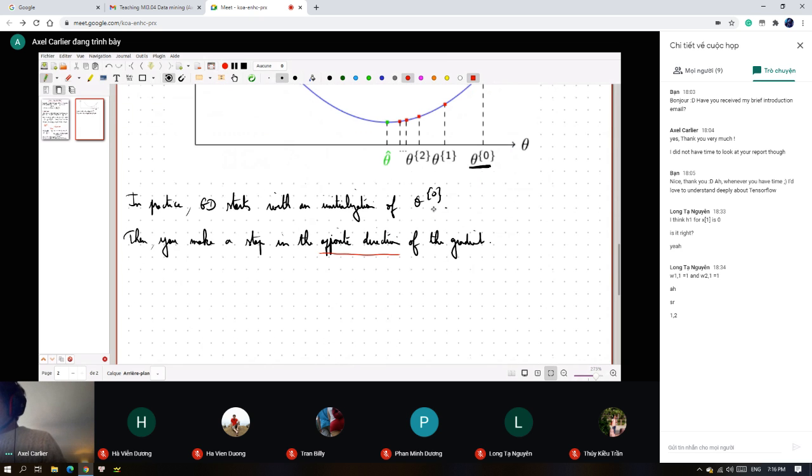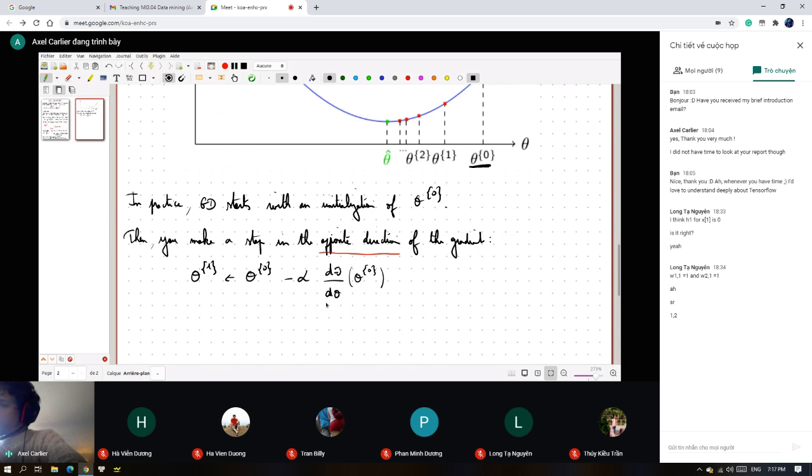How you do that? You will compute theta 1, which will take theta 0 minus some alpha times the derivative of J with respect to theta, evaluated on theta 0.